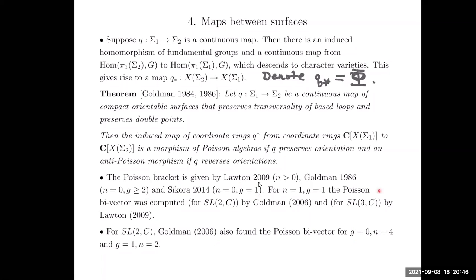And in that case, the Poisson bivector was computed by Goldman and by Lawton for different groups, for SL2C and SL3C. Goldman also found the Poisson bivector for the case of 4 punctured spheres. So genus 0, that's a sphere, and 4 boundary components. And also the case where there is one boundary, genus 1, so a torus with 2 boundary components.